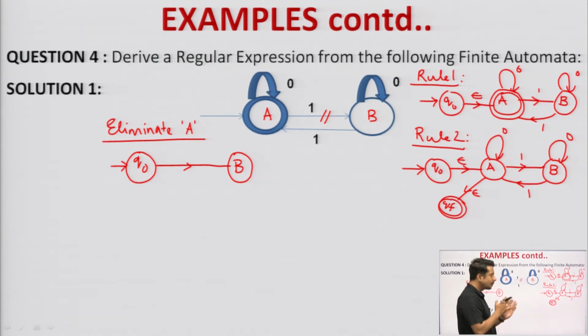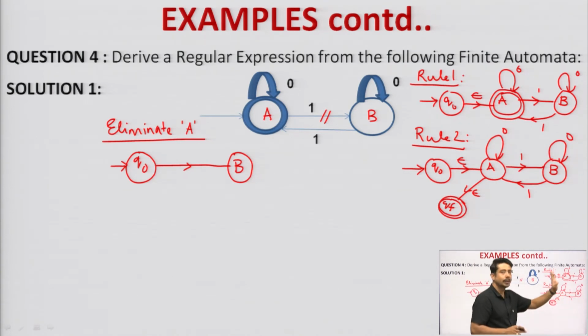So, it becomes a little bit hazy over here. So, better not to eliminate A first, first eliminate B, then finally eliminate A, correct.